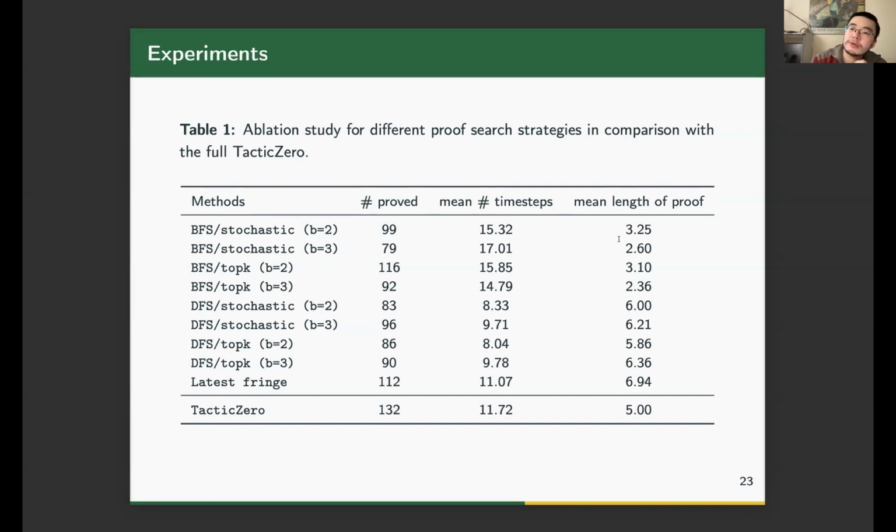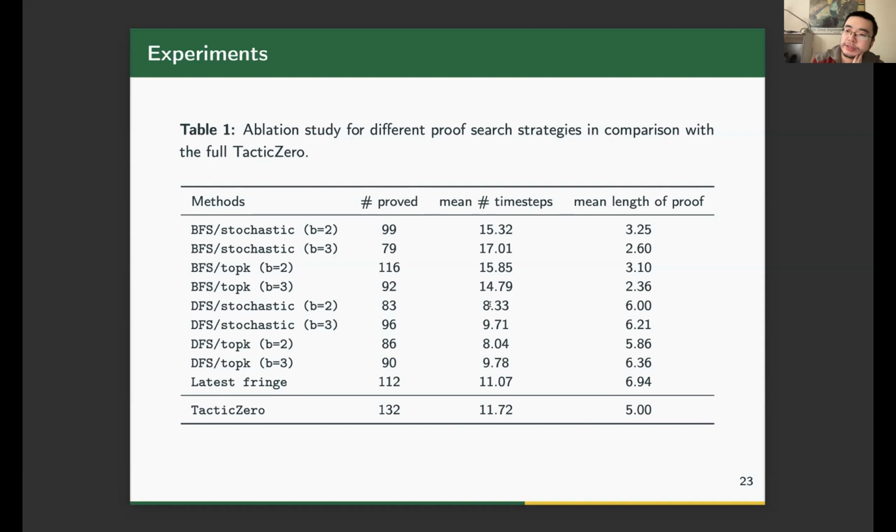So if your search tree has only 3 levels, then the proofs found by your breadth first search can only be 3 steps long, right? Because each level is a step that's working.